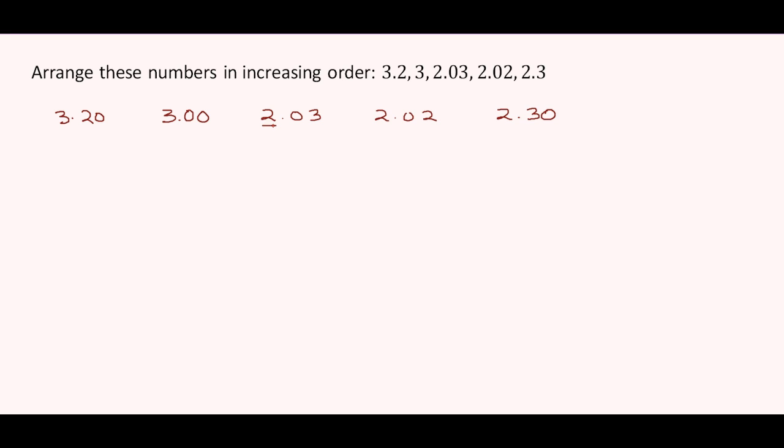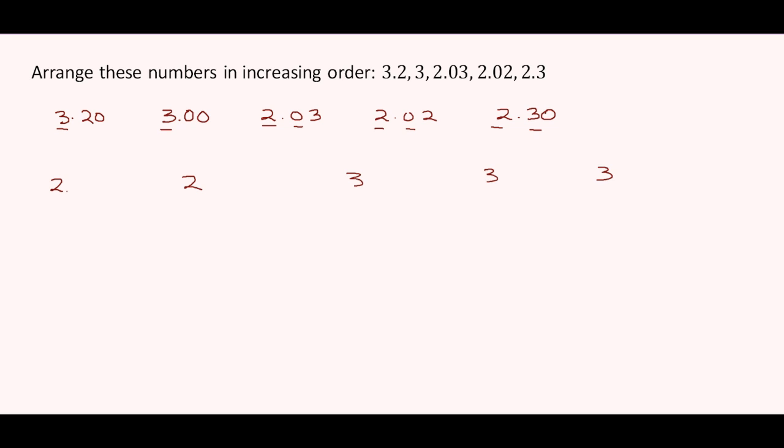So we look at the first digits, starting from the left, and we can see that 2 is smaller than 3. So we have 2, we have 2, and then we have 3, 3, 3. Now we start from 2. The next digits we have 0, 0, and then we have 3.